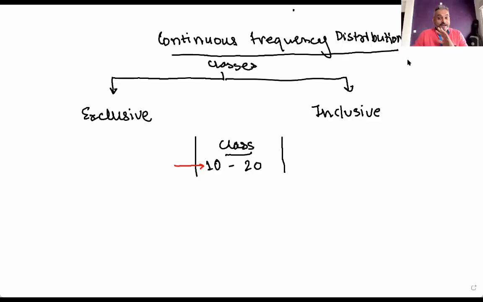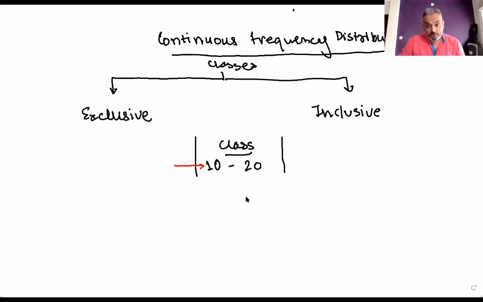So we cannot say whether this is inclusive or exclusive. We just can't say. So here, for 10 to 20, we can't say anything. If the question says it is inclusive, then we include 10 also, we include 20 also.